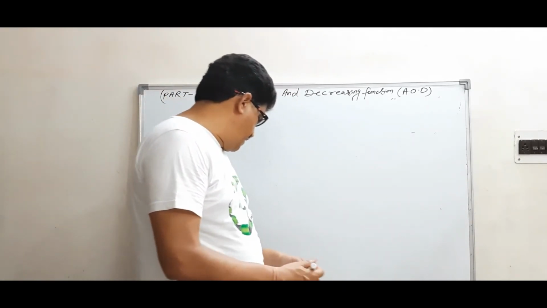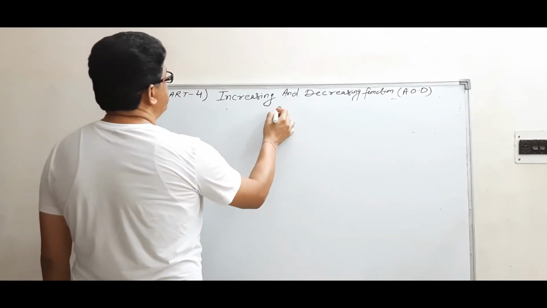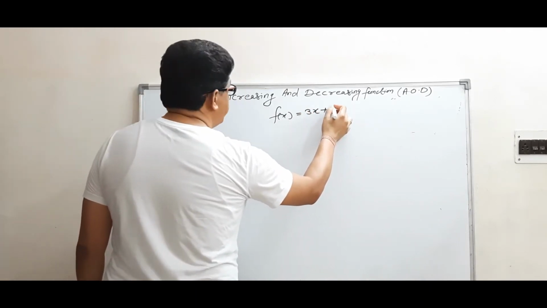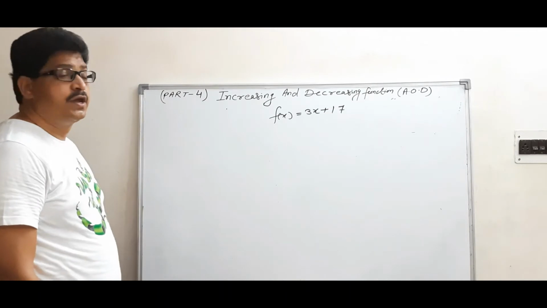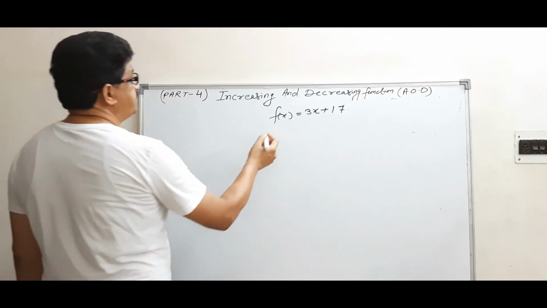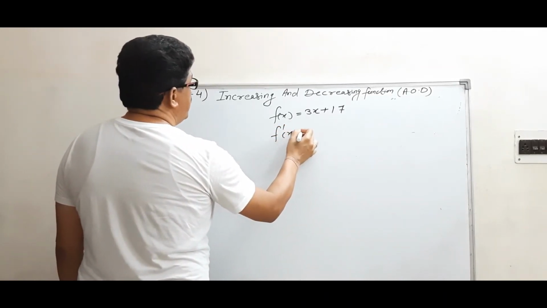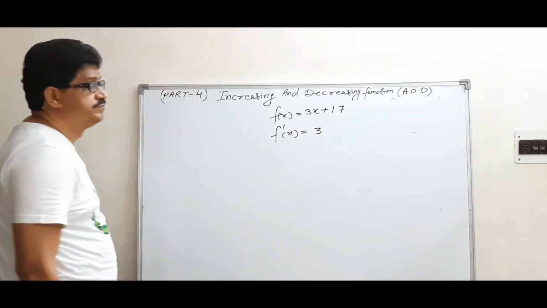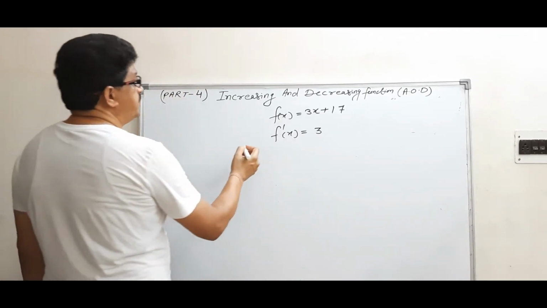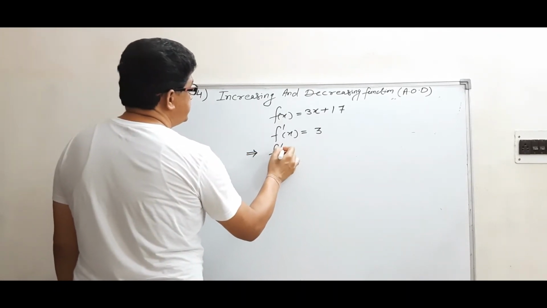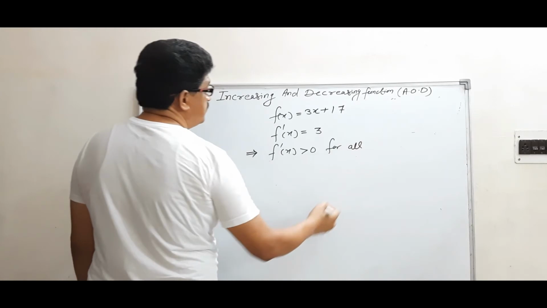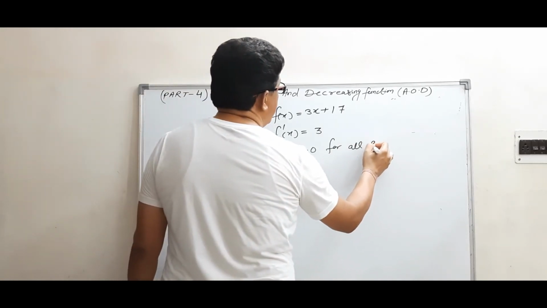Question number 1. f x is equal to 3x plus 17. If we find f dash x, you will see we will get only 3, and 3 is always positive. f dash x is greater than 0 for all real numbers.